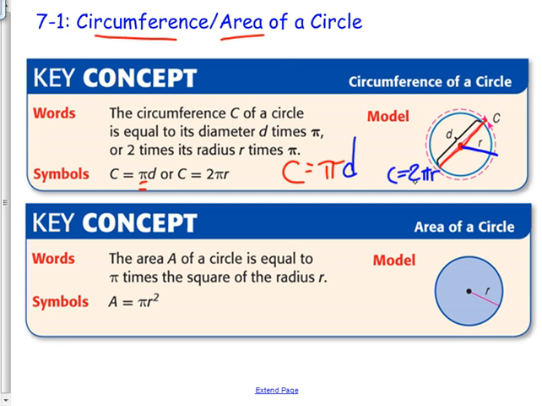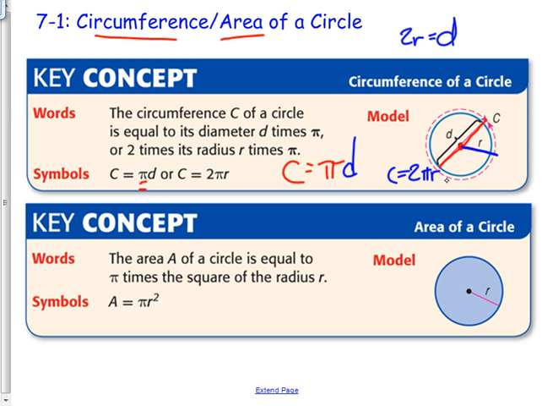Because basically, 2r equals d. So it's just a little bit nicer to say 2 pi r rather than saying 2r pi or pi 2r. It rolls off the tongue a little bit better. So it's either pi d or 2 pi r, circumference.